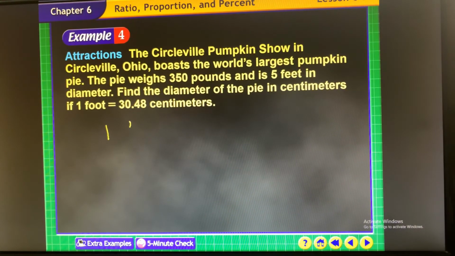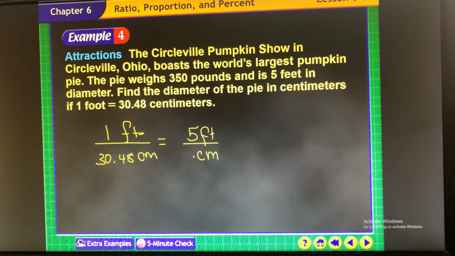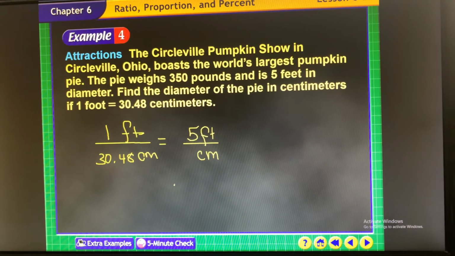But if you didn't, you're going to set it up as feet over centimeters equals feet over centimeters, and then cross multiply and divide. So 30 and 4800ths times 5 is 152 and 4/10 of a centimeter. There you go.